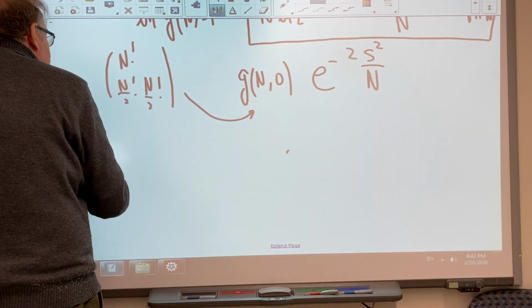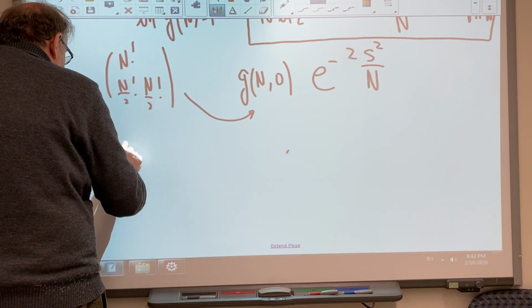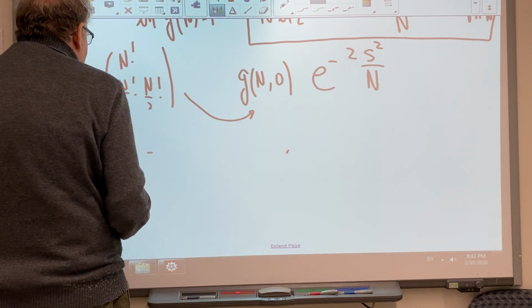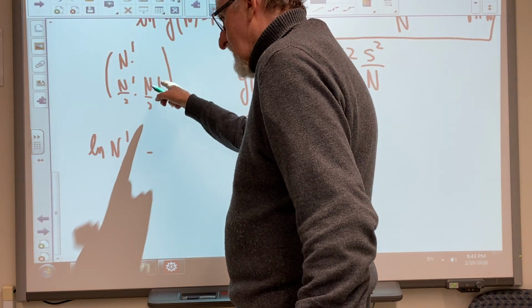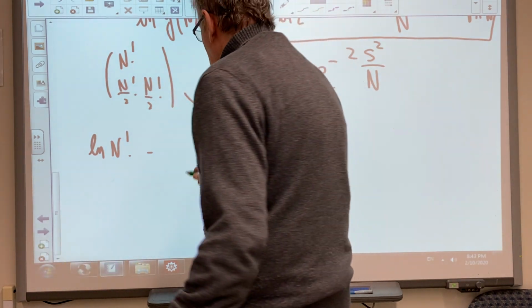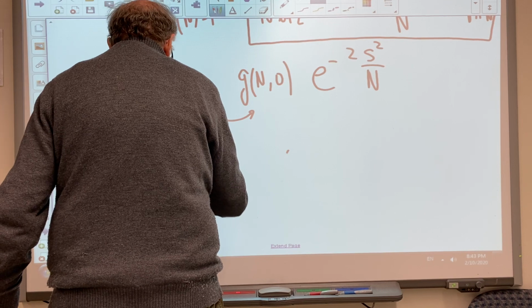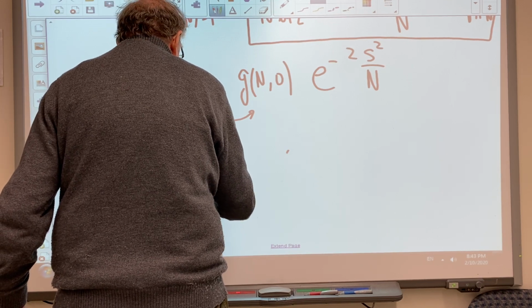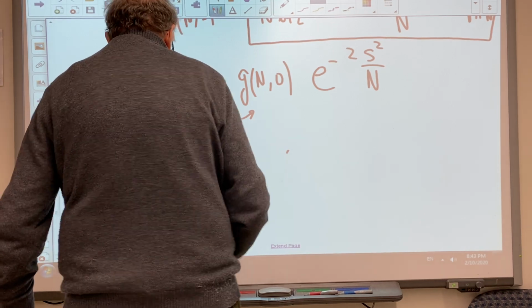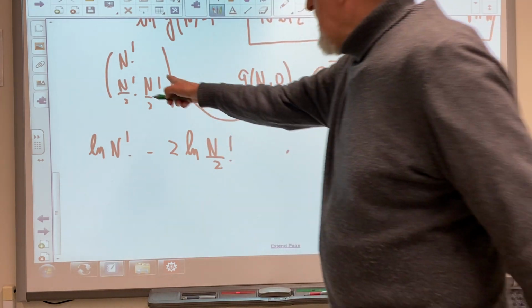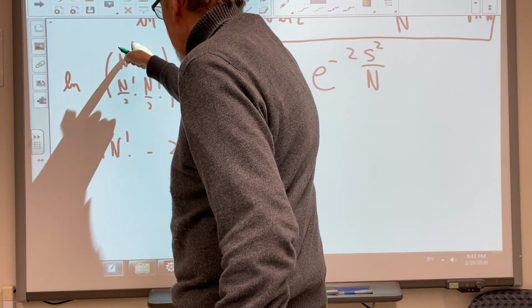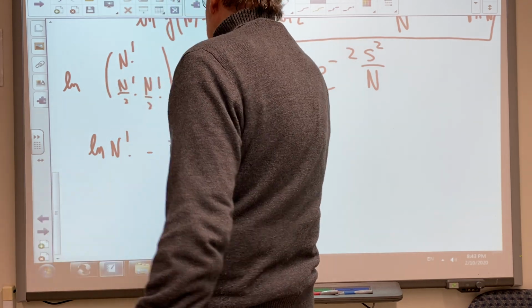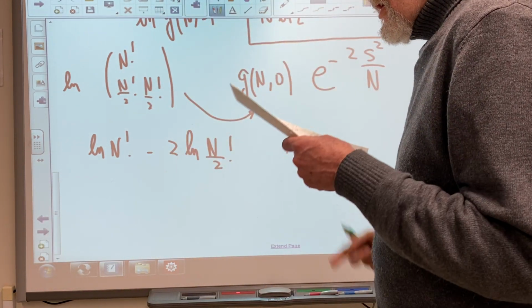If I take the logarithm, it's the logarithm of n factorial minus the logarithm of n over 2 factorial twice, or minus twice the logarithm of n over 2 factorial. That's this, if I take the logarithm of this quantity. It's the logarithm of this, minus the logarithm of this, minus the logarithm of this.